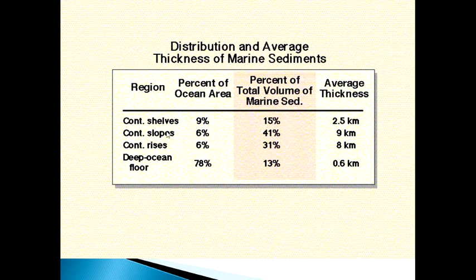But now look at the slopes and the rises. The sediment that makes it to the shelf gets flushed off the shelf to the slopes and the rises, and so you have the thickest parts there. Just some interesting things to think about without actually memorizing all the numbers.